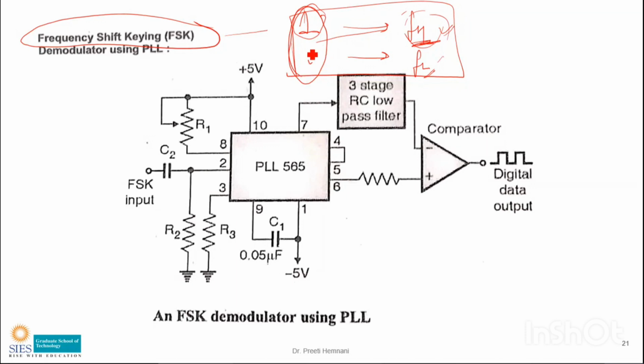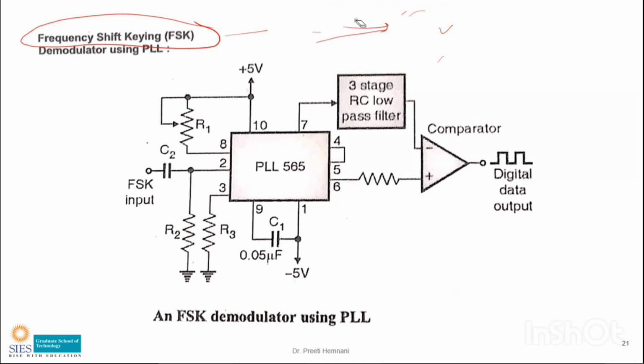When the key is open, the switch is off, the frequency is less, that is, it is shifted to FL. Is that clear? Can I explain how we can implement this using PLL? Yes, ma'am.